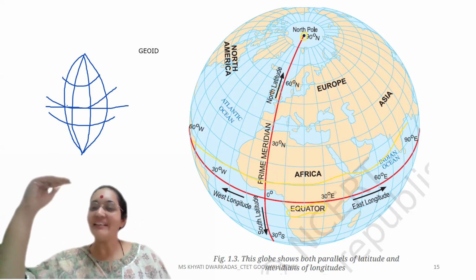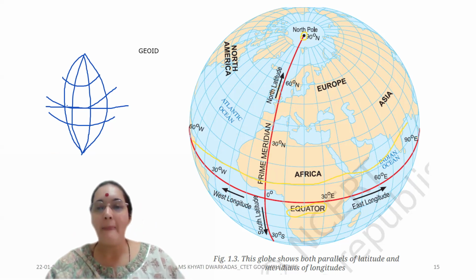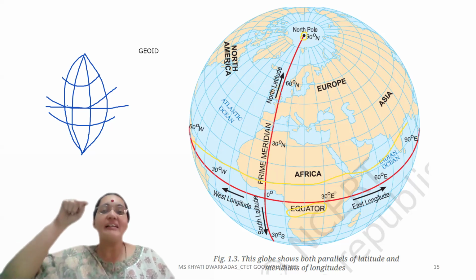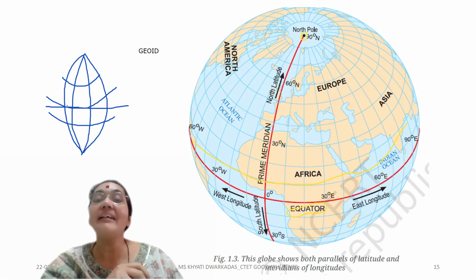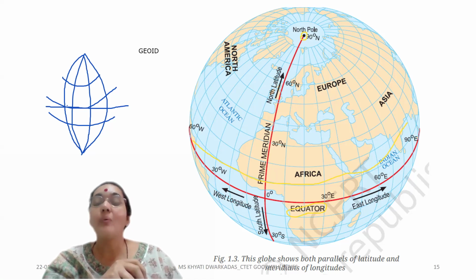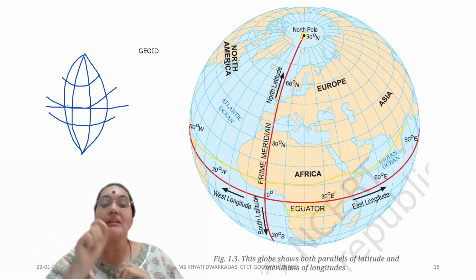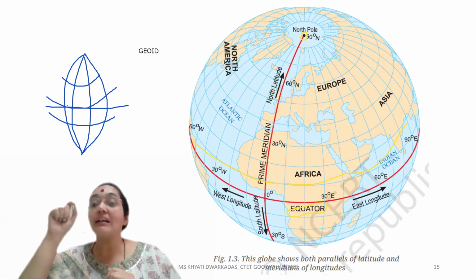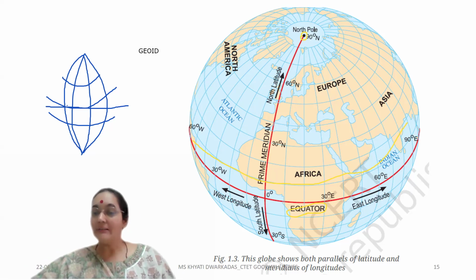When you count 90 degrees up and 90 degrees down, it is 180 degrees. But when you're counting the lines of latitude, like Zainab ma'am says, it is 179 degrees. Why 179 degrees? 90 degrees north and 90 degrees south is a point. It is not a line. So you cannot count it in the lines of latitude. Right?